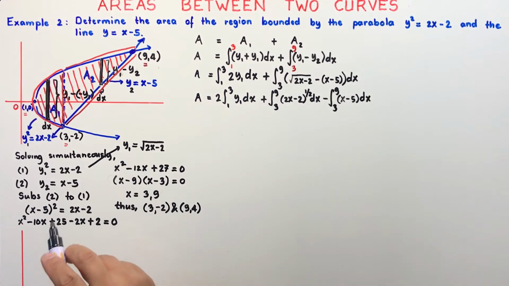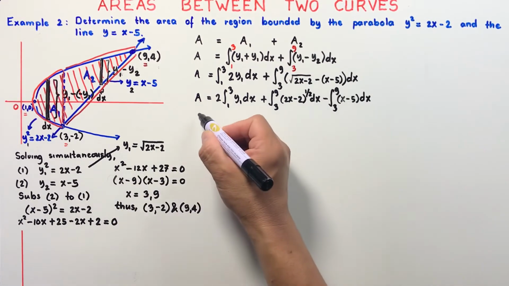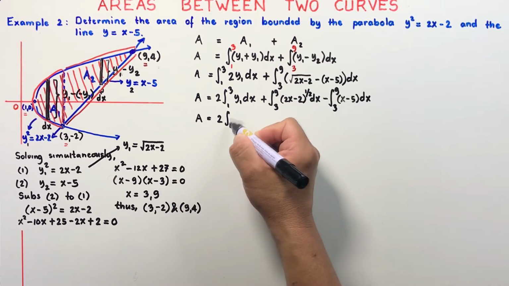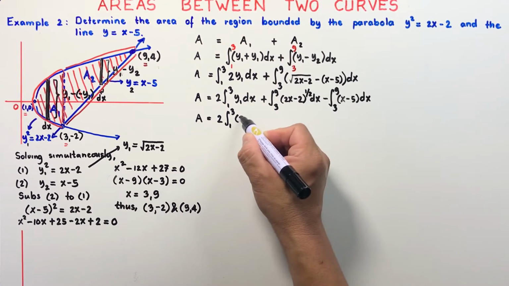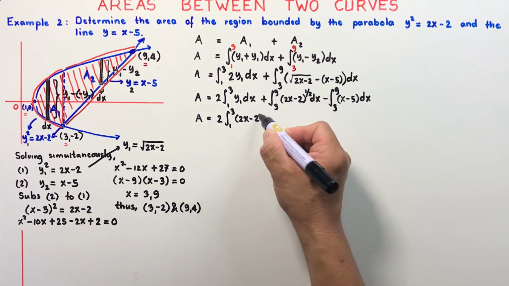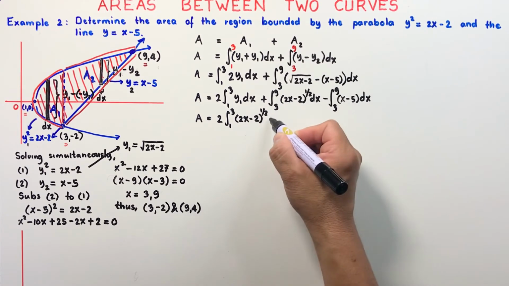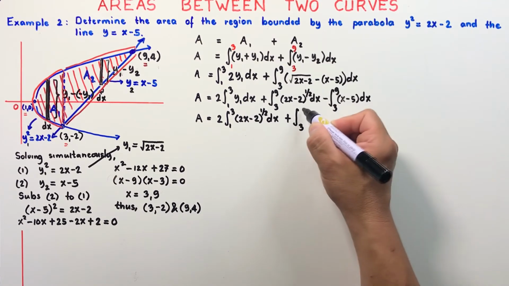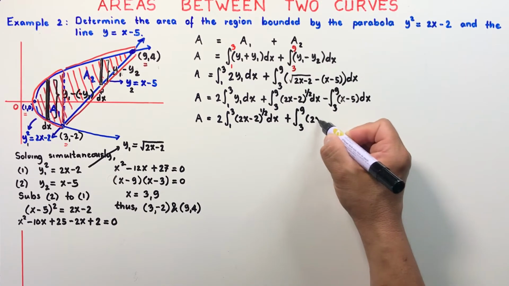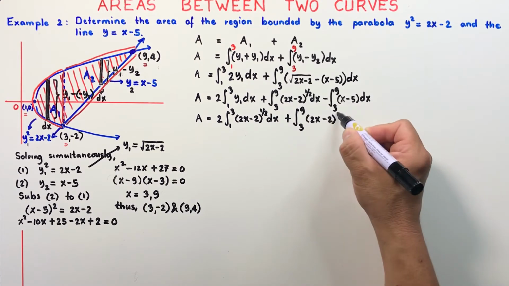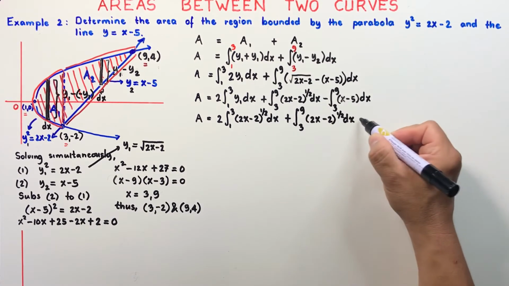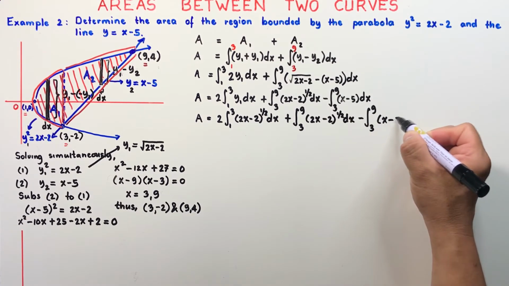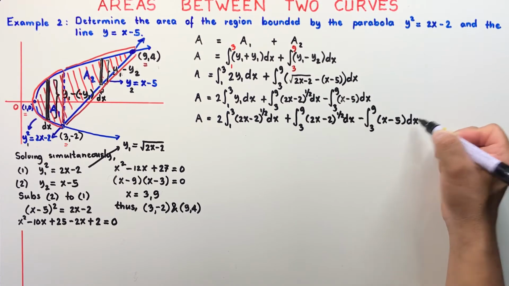Now, substituting our y sub 1 here, we have area which is equal to 2 times the integral from 1 to 3 of (2x minus 2) to the power 1/2 dx plus the integral from 3 to 9 of our (2x minus 2) to the power 1/2 dx minus the integral from 3 to 9 of x minus 5 dx here.